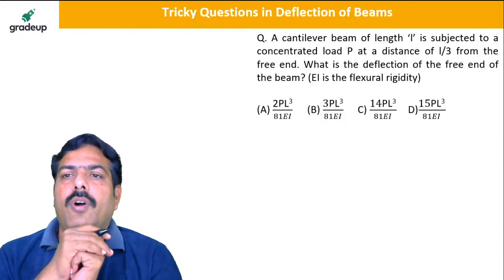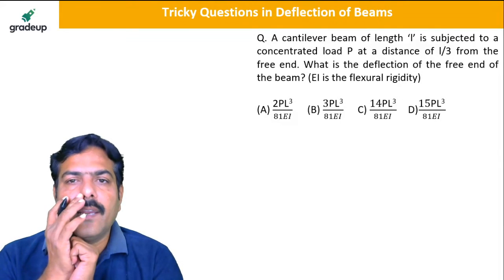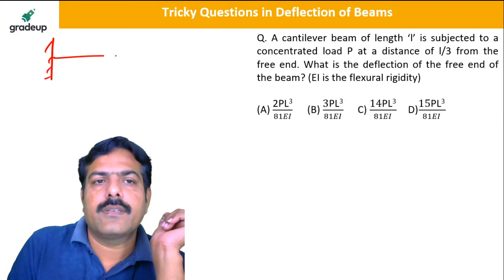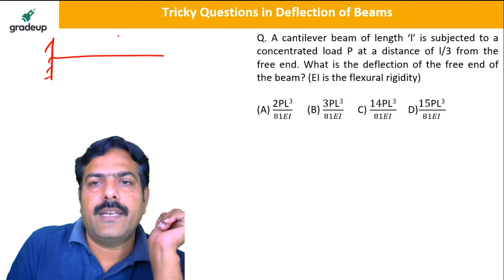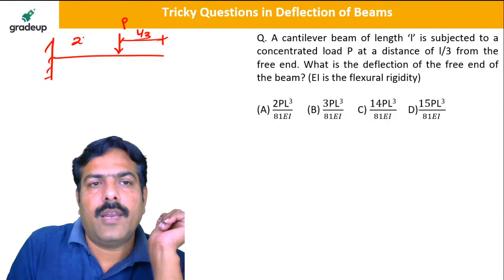A cantilever beam of length L is subjected to a concentrated load P at a distance L by 3 from the free end. So this is P, this distance is L by 3 and this is 2L by 3.